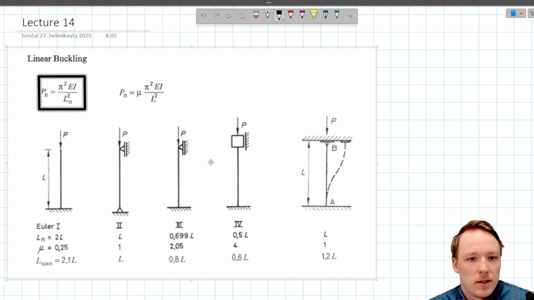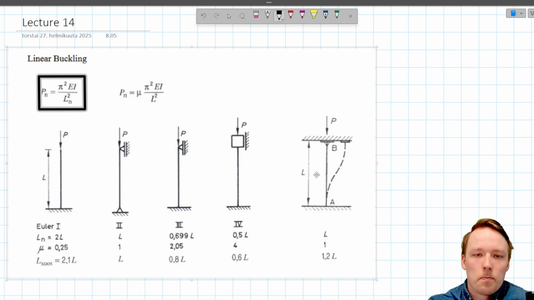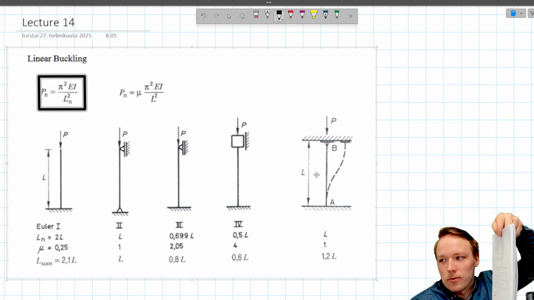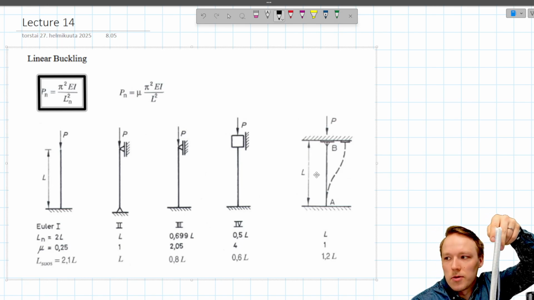All right. So here we have 5 different scenarios shown. These are named Euler 1, 2, 3, and 4 scenarios. The 5th one is a bit of a special case. So what actually is buckling? You can imagine that if you take, for example, your notebook or a ruler and you apply load from the top, you start compressing it.